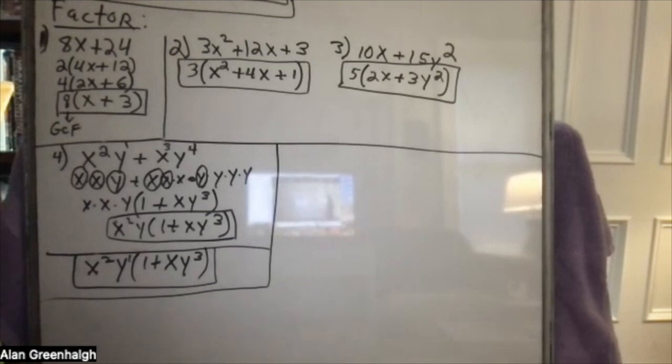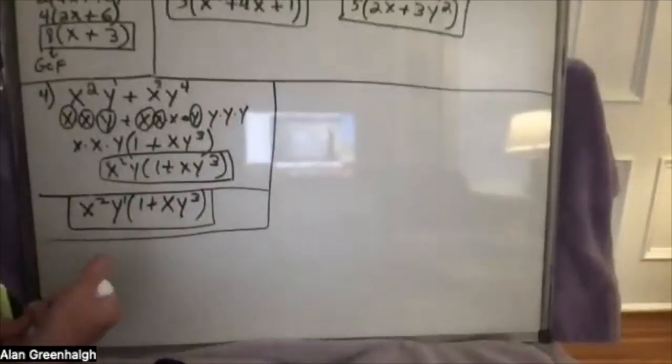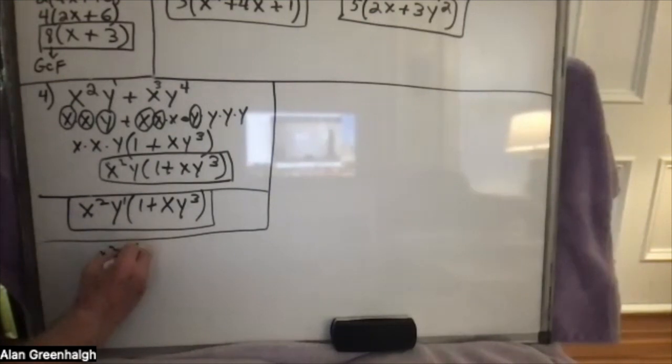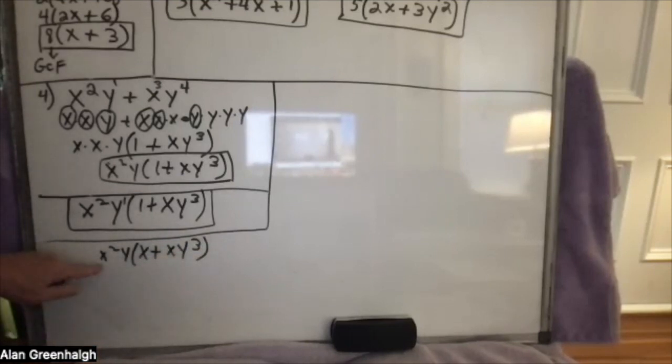Well, that won't work. You could figure that out for yourself by simply going, if this was your answer, is this what you had? Yes. Well, what's x squared times x? X to the third. Yeah, but we only have x to the second.